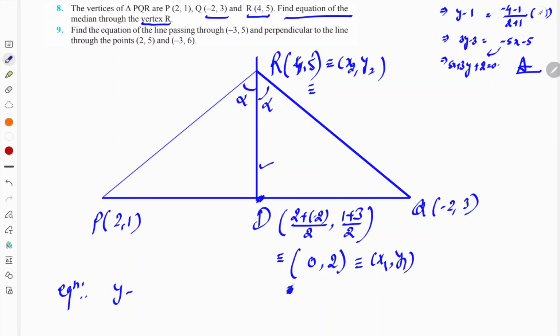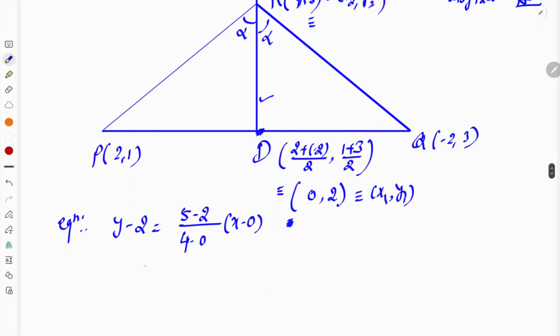Y minus y1, that is 2, is equal to (y2 minus y1), 5 minus 2, divided by (x2 minus x1), 4 minus 0, into (x minus x1), meaning x minus 0. So we have the equation 4y minus 8 is equal to 3x.